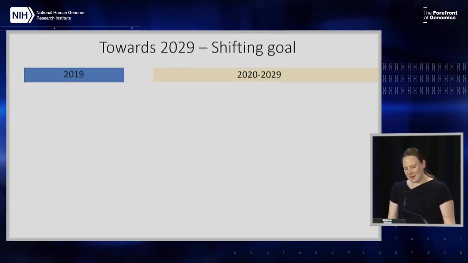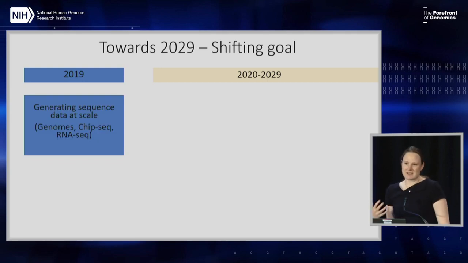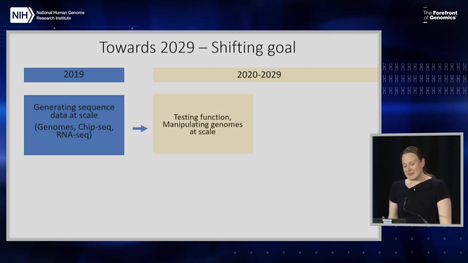So how do we get there? At the moment, in 2019, we're generating sequence data at massive scale to analyze genomes, ChIP-seq, RNA-seq. We really need to be doing functional testing at the same scale to work out which are truly regulatory elements, and we need to be manipulating genomes at scale, manipulating millions, if not billions, of variants.